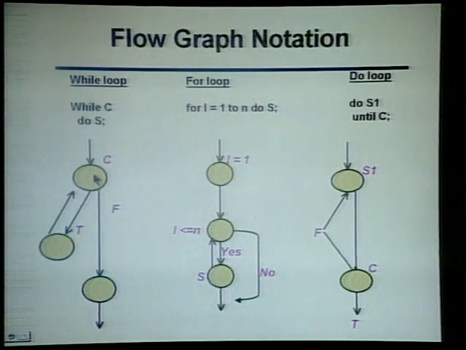Here, each circle shows one or more non-branching PDL statements, and each arc shows the direction of the flow. Each edge must terminate on a node, as shown in this diagram. Of course, these two nodes are basically the statements which are before it and the statements which are after it, and are not shown here.